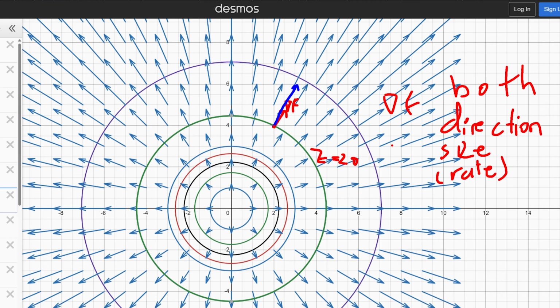So by doing a dot product between the grad f and our unit vector u, we can find out the rate at which the z is increasing on our specific path at that instant.